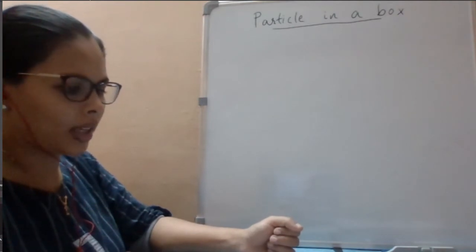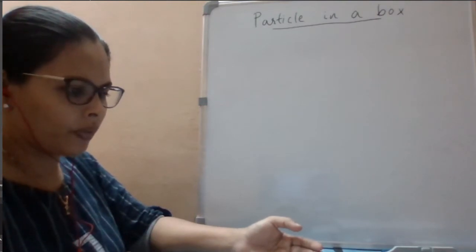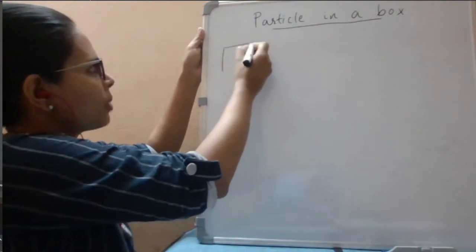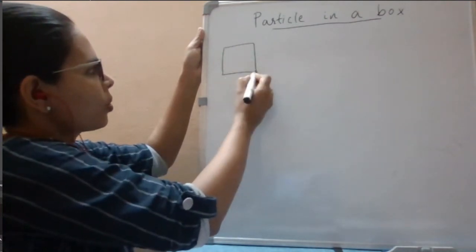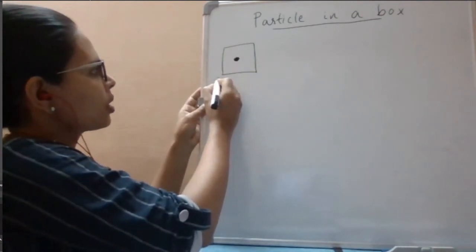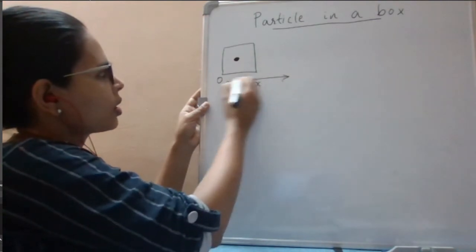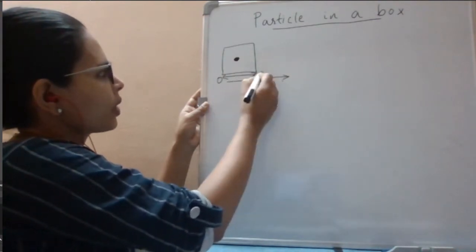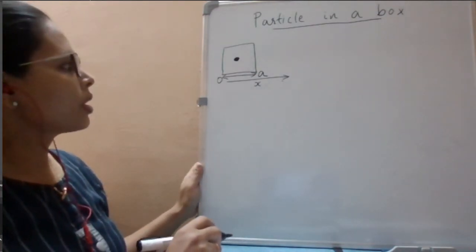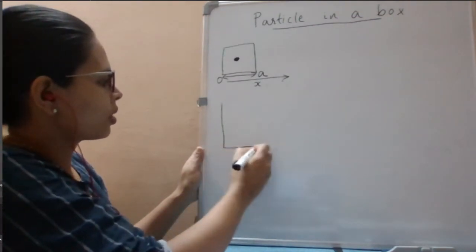We can also say that when a particle is confined in a box, it can also be equivalent to, okay, let me draw a particle in a box. So I'll give the dimension 0 to, that is in the x direction, 0 to small a, right? This is actually equal to the following situation.